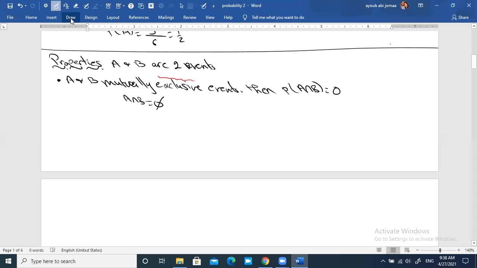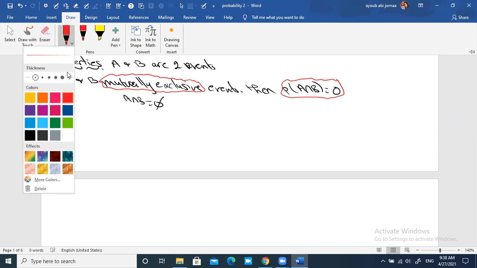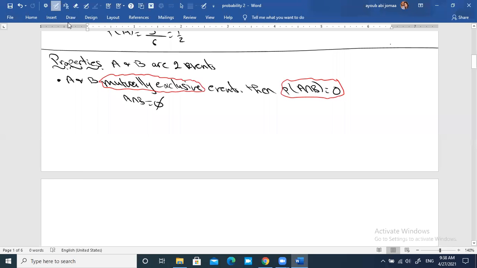Mutually exclusive means they don't occur at the same time, so the probability that they occur at the same time will be 0. There's a 0 chance to occur at the same time.